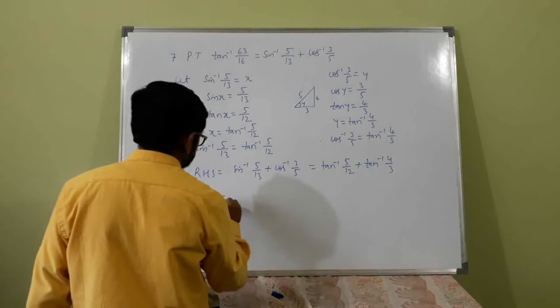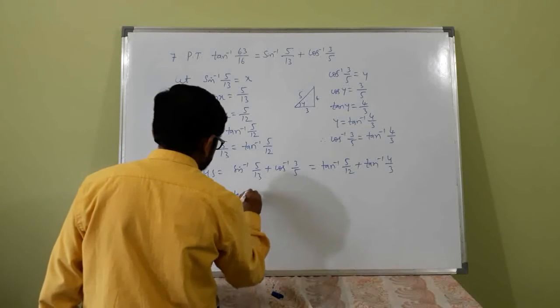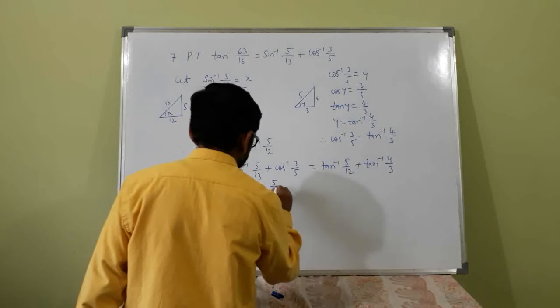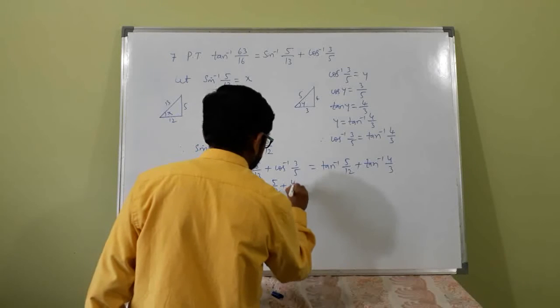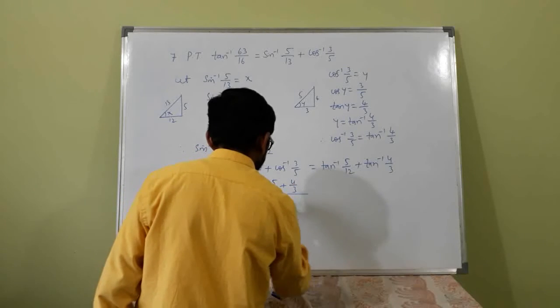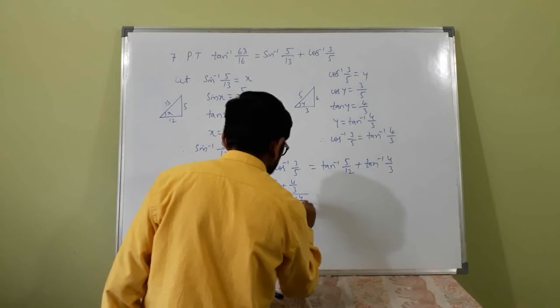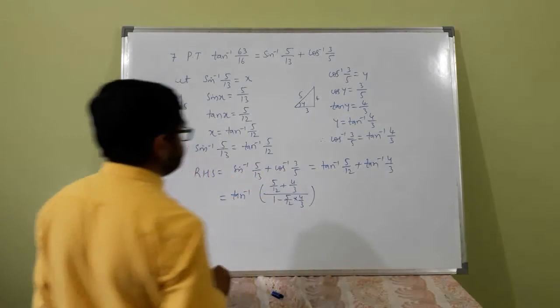So this is equal to tan inverse of x plus y, 5 by 12 plus 4 by 3 divided by 1 minus 5 by 12 into 4 by 3.